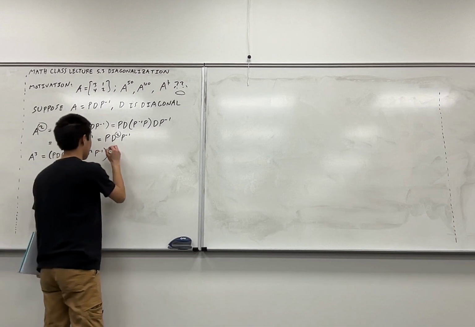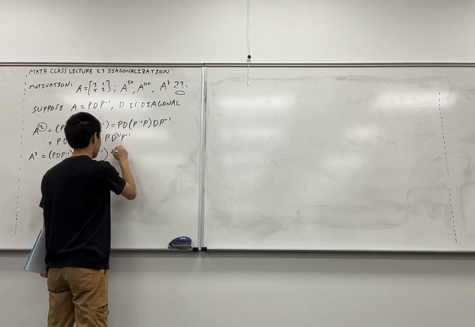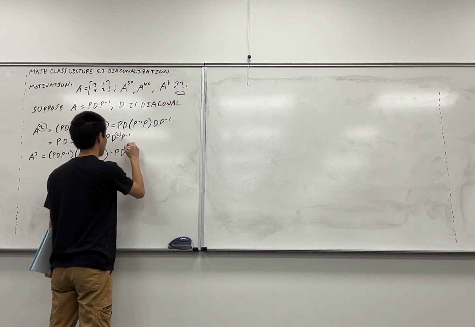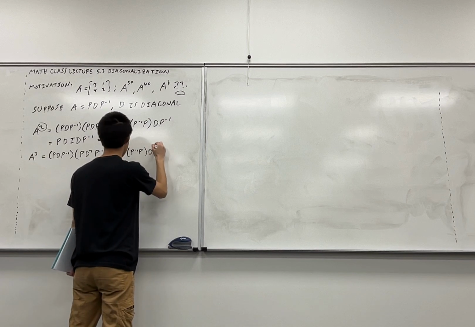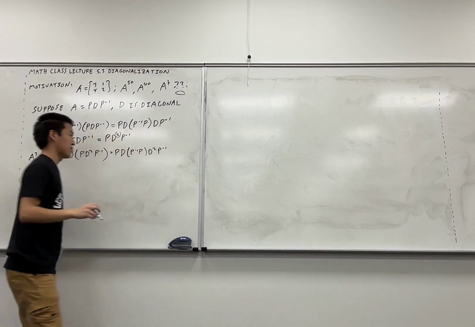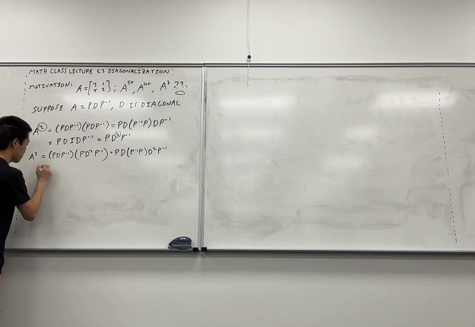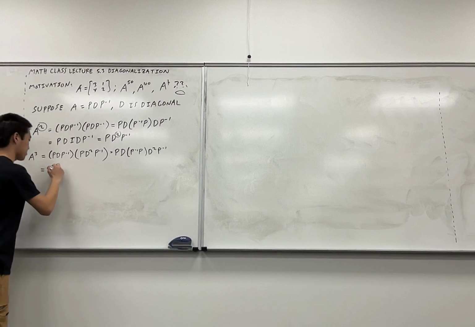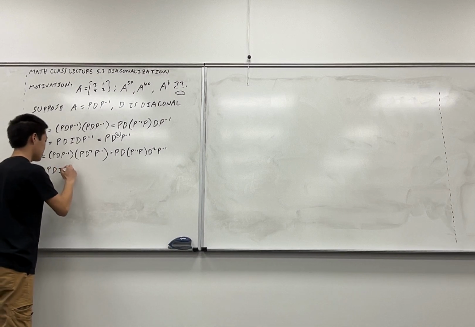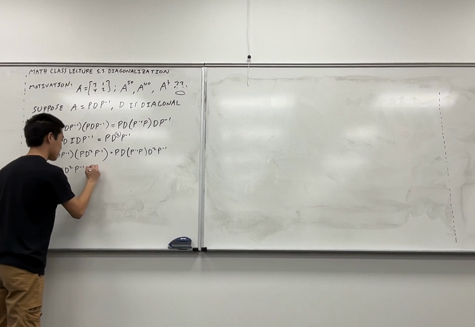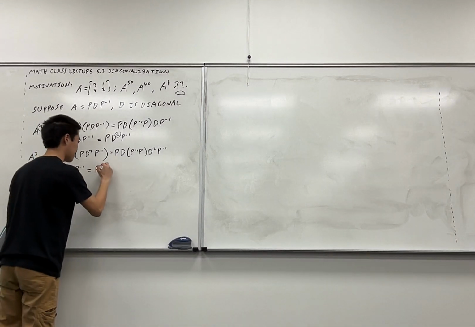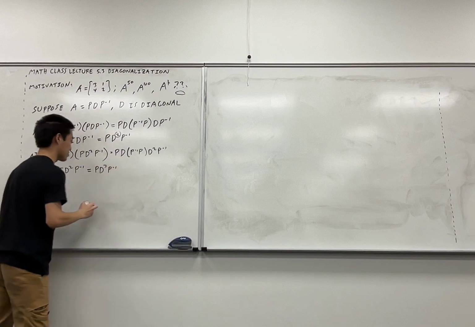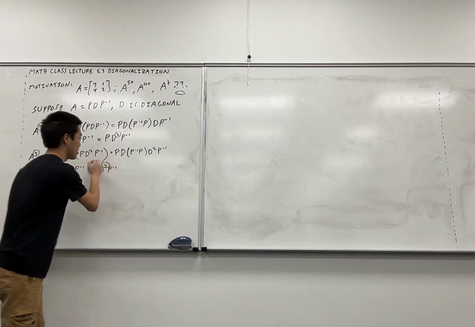It doesn't take a genius to see that I can do the P inverse P first. D squared P inverse. What does P inverse P go to? PDI D squared P inverse. How does that simplify? PD cubed P inverse. Do we understand?